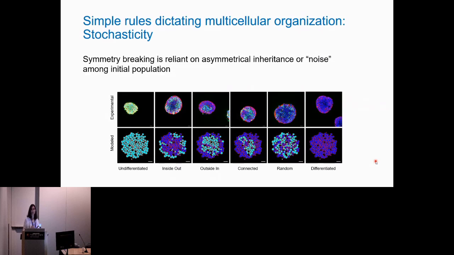As we look at our comparison between our stem cell aggregates and our model-based aggregates, what we started to notice is that there's an all OCT4 population in cyan that eventually goes to an all OCT4 negative population.